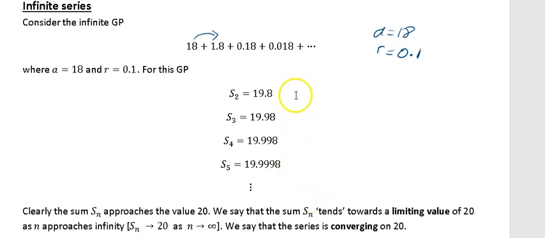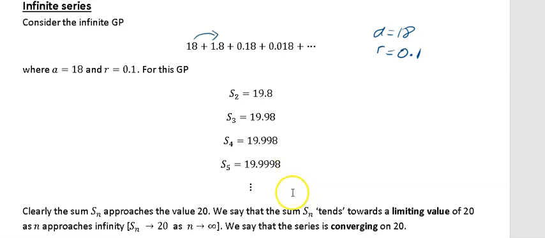So it's pretty clear to see what's happening in this one. Every term you go along gets smaller. So you're adding on a smaller amount, and eventually, after a while, you're going to be adding on such a small amount that it does not make a difference. So there will be a limit to the sum of this thing. You can see here 19.8, 19.98, 19.998, 19.9998.